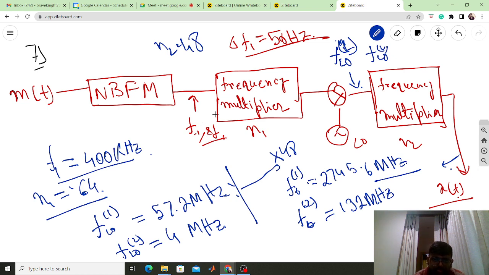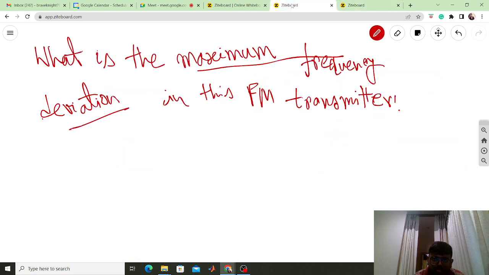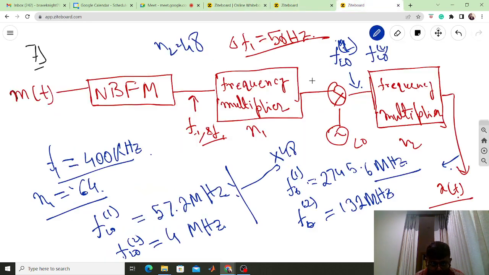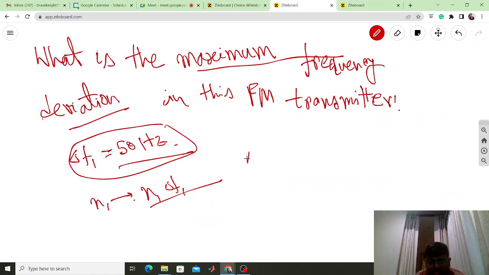The variation before these two frequency multipliers, del f1, was 50 Hertz, right? After it goes through the first frequency multiplier, it becomes N1 del f1, the variation here. Similarly, at the output this will be N1 N2 del f1.